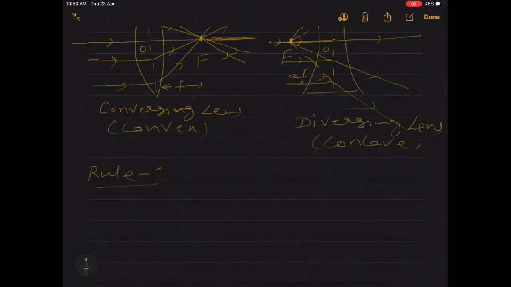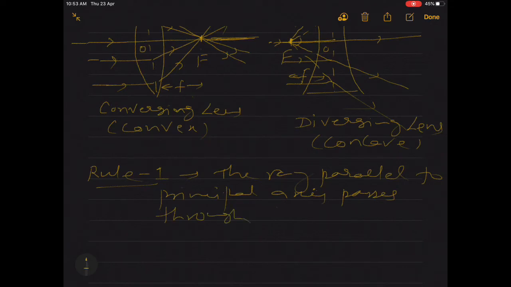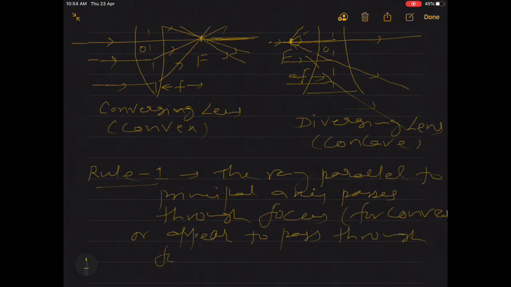The first thing is that we can say rule 1: the ray parallel to principal axis passes through focus for convex lens, or appears to pass through focus for concave lens.